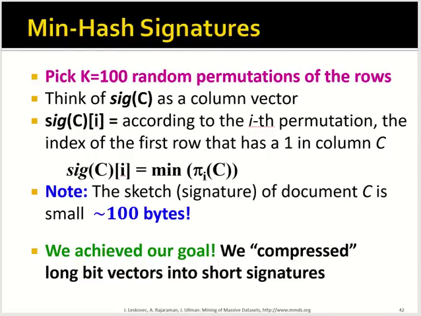The signature of any column is produced according to the ith permutation: the index of the first row that has a 1 in column C. This is a similar representation to the previous slides. Please note that the signature of this column is much smaller, roughly about 100 bytes, so the compression function has been done.